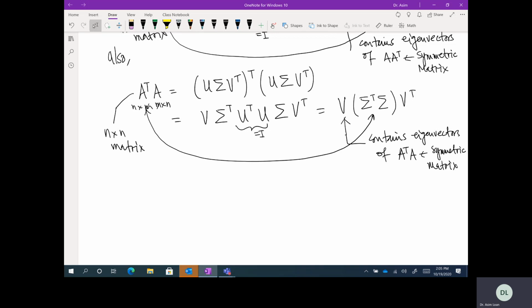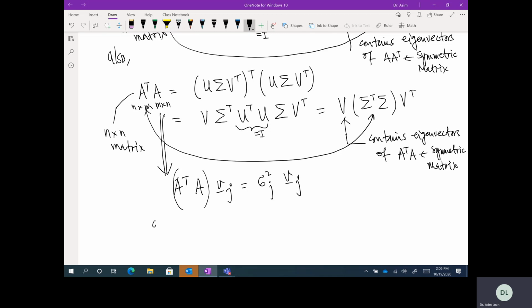Also we can say from here, this implies A transpose A times Vj is sigma square j Vj. This is the eigenvalue equation. So A transpose A is the matrix, Vj is the vector, and sigma square j is the scalar, the eigenvalue, times the vector.